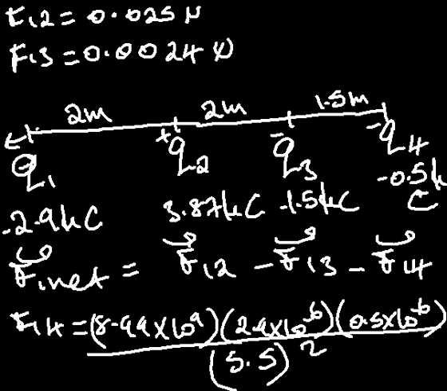So in this case, F14 is given as 4.31 times 10 to the power of negative 4 newtons. You can also verify these calculations.